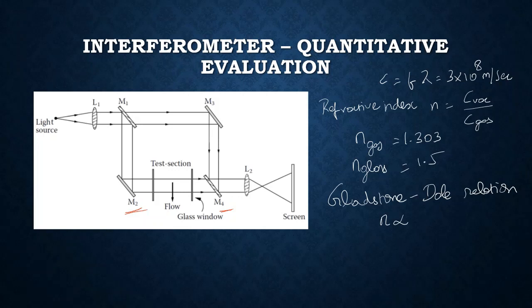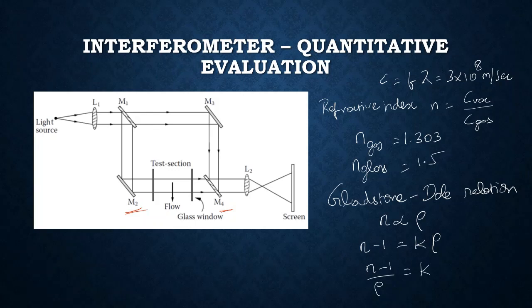The net index of refraction of light is proportional to the density of the flowing fluid, right? So this is the Gladstone-Dale relation and the Gladstone-Dale law. With the proportionality constant, we have n minus 1 equal to k rho, and then (n minus 1) by rho is equal to k.